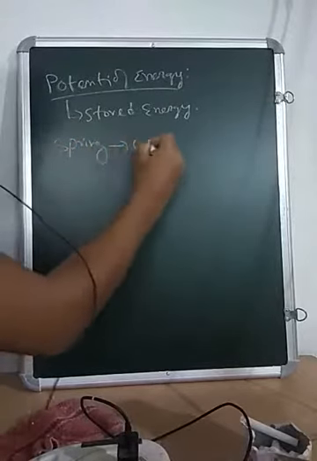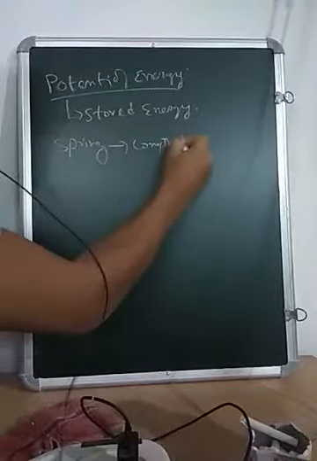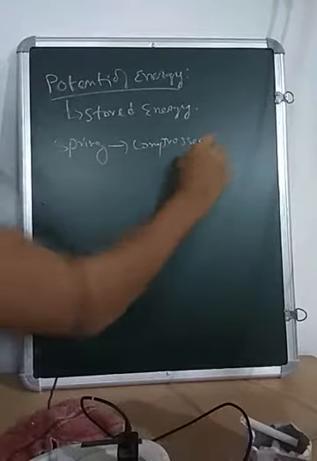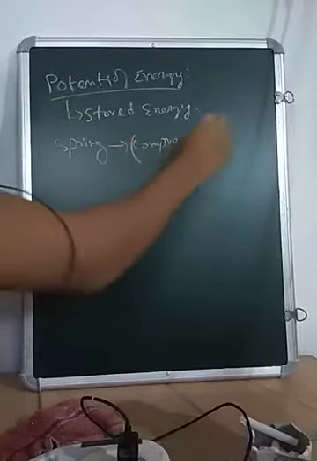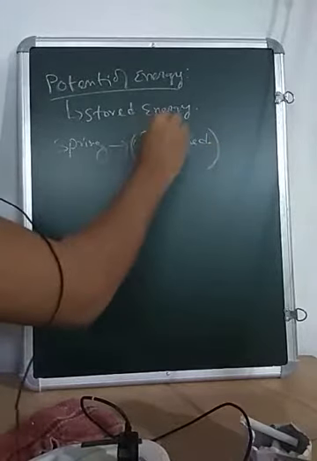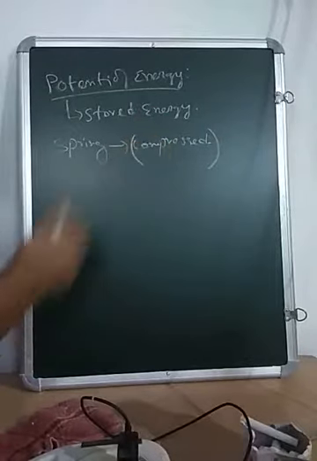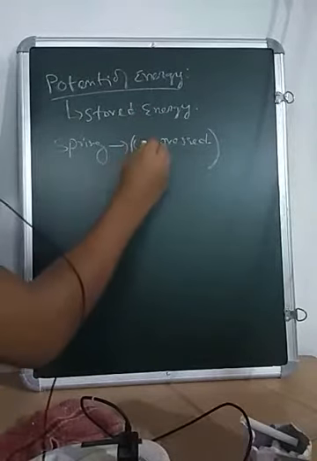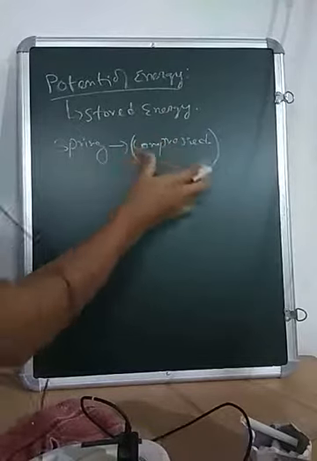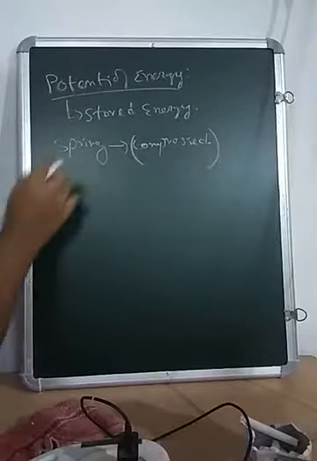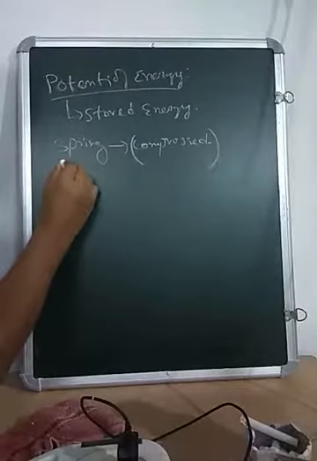one is the compressed spring. The force is exerted to compress the spring, or the work done on the spring to compress it, gets stored in the spring when it is in compressed form.